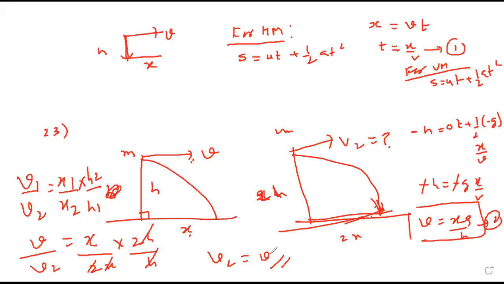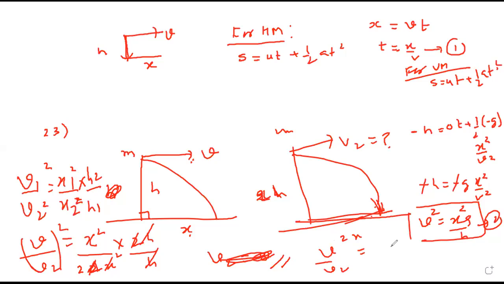The distance covered is... oh yes, I did not write t square, sorry. It is x square upon v square. So it becomes square on both sides. x square, and this 4x square cancels, then it becomes v square upon v2 square. So we get v square upon v2 square equal to 1 upon 4.